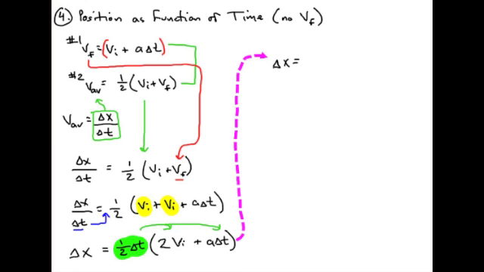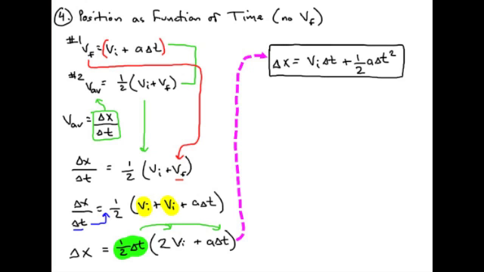So it's really going to become VI times delta t plus, now distributing the 1/2 delta t, 1/2 times a, and since we've got 2 delta t's there, it's going to become delta t squared.